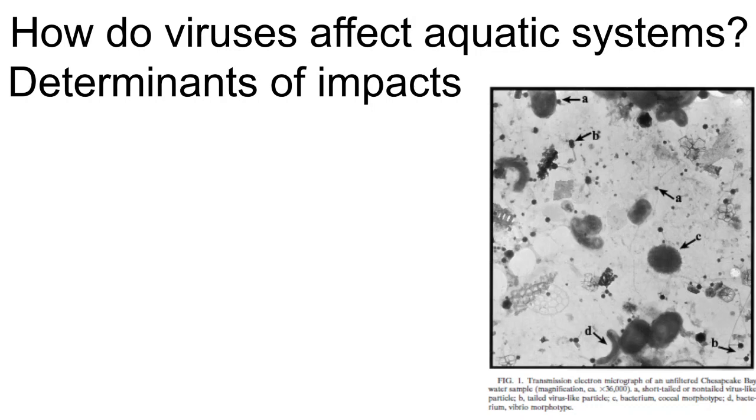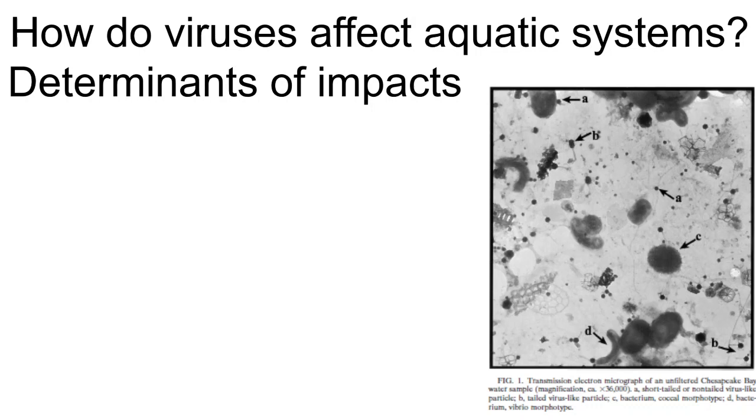As we start to think about how those viruses are going to impact the living systems there, we need to think about that group of viruses or virions that's present in that aquatic ecosystem and what happens to those virions.